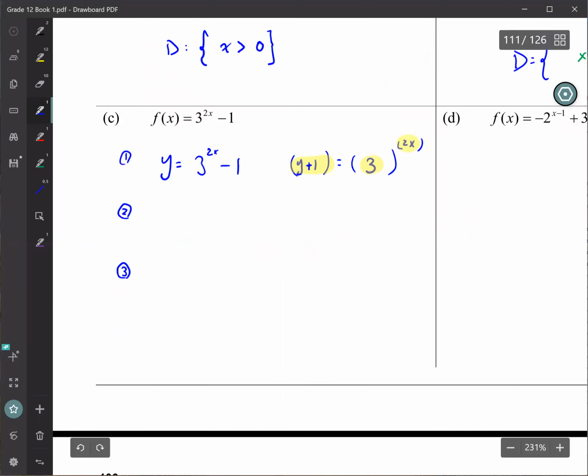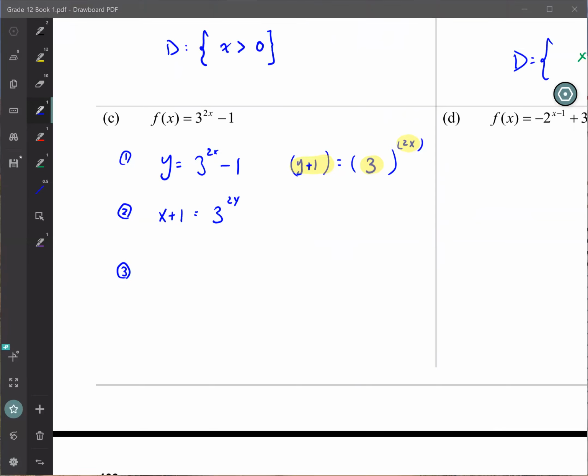I can show step 2. Okay, swap x and y. Don't forget to write the domain.